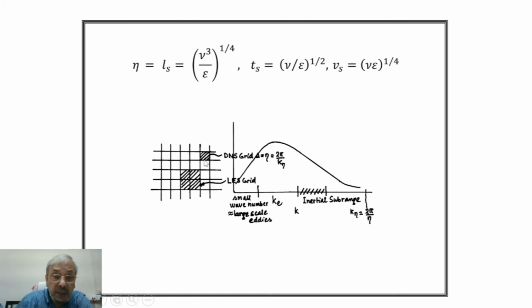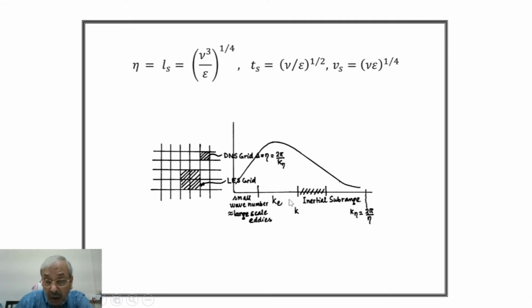As compared to that, the LES grid can be much larger. Although LES also requires a very fine grid as compared to usual RANS computations, the LES grid can be much larger than the DNS grid.